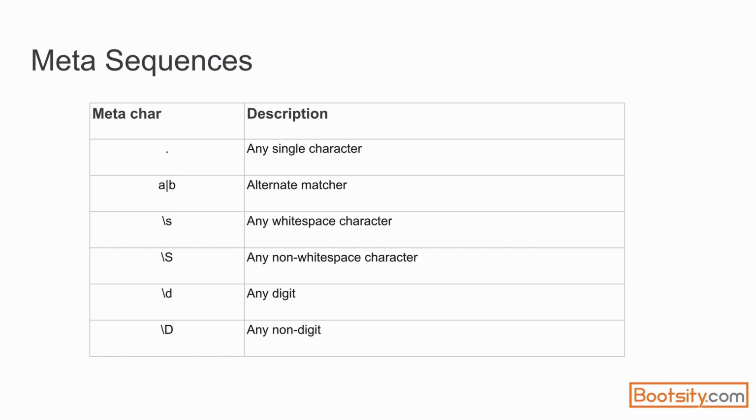Second is A pipe B. Here pipe is the alternate matcher. Let's say I want to match either A or B. In such cases I will go with this alternate matcher, that is pipe. Slash small s will match any white space character in our text corpus, and capital S will match any non-white space character. Similarly, slash d is going to match any digit from 0 to 9, and slash capital D will match any non-digit.